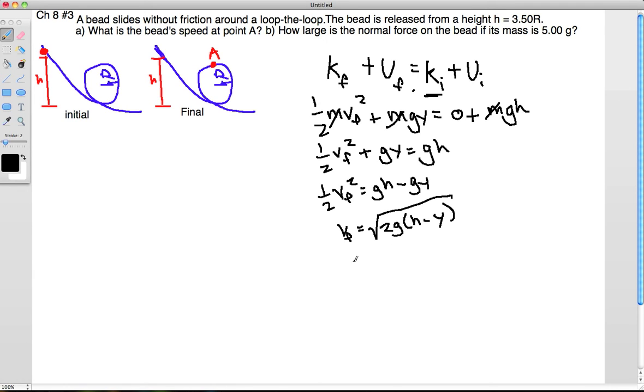So plugging in the equations for h and y, you would get v final equals square root of 2g times 3.50 r minus 2r.